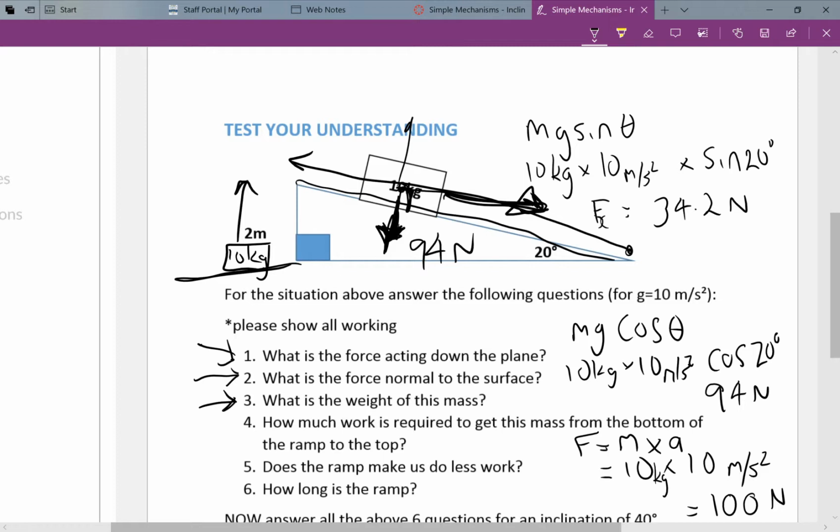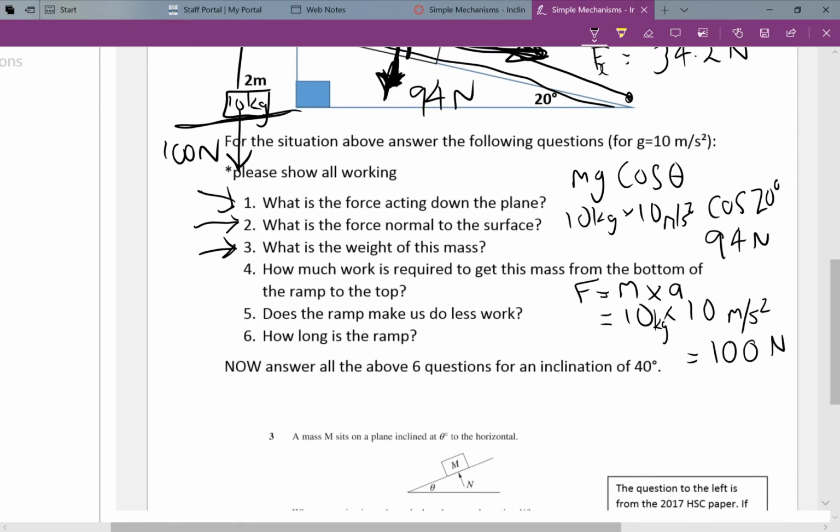the easiest way to work this out, of course, is to just say your weight force, which is acting down, which we know is 100 newtons, so we already worked that out. We've got 100 newtons and we've got to move it 2 meters. So once you do that, you know that the calculation for the amount of work required, which is going to give you an energy, is equal to work equals force times distance.